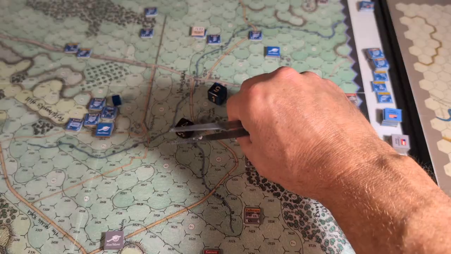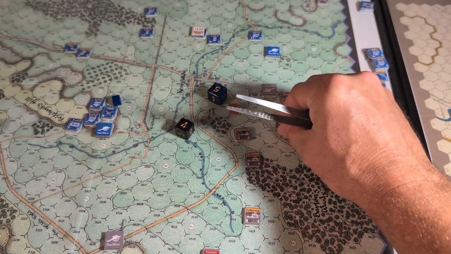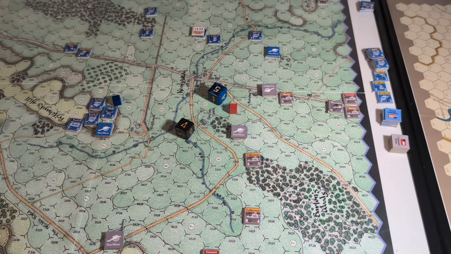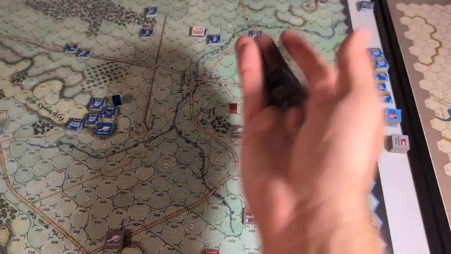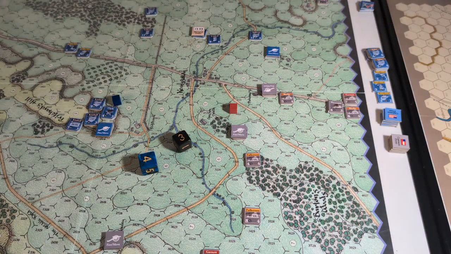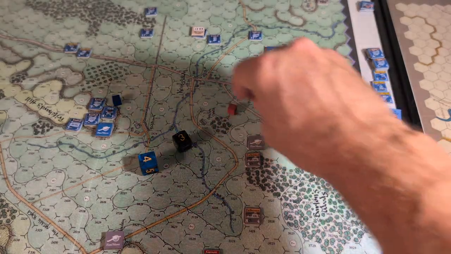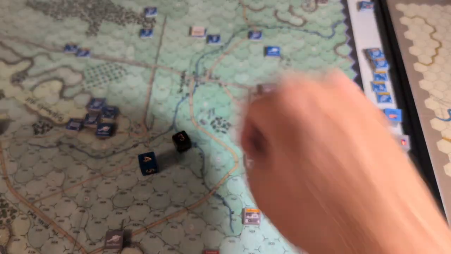This unit will have a CR of only 2, so that's going to be a routine. 43 is going to be retreat 1. So he'll retreat back. Okay.